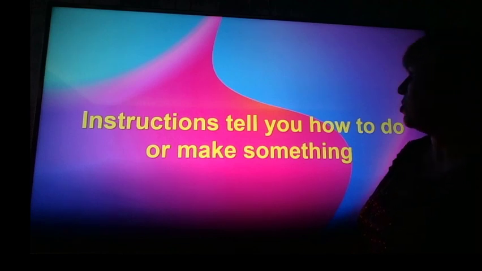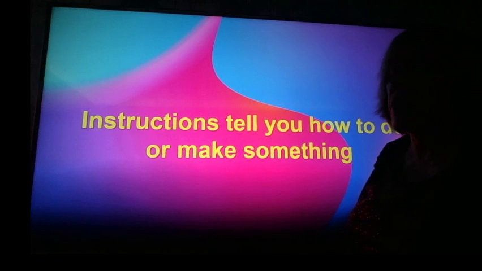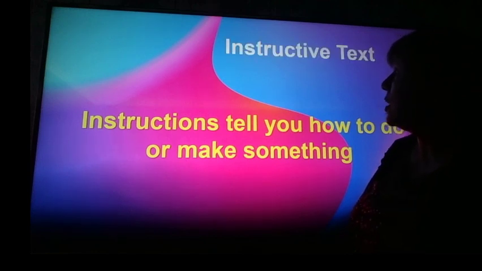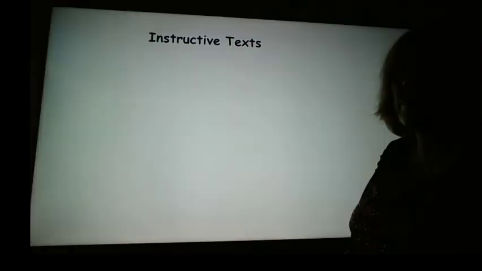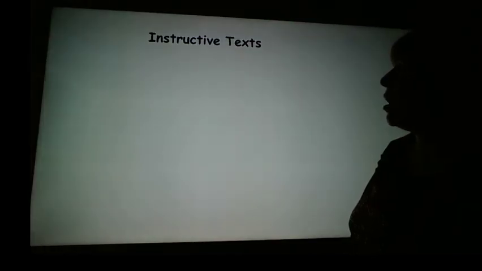Instructions tell you how to do or make something. So we call it instructive text. And we're going to be reading instructions for text as well as writing instructions. So I use the phrase instructive texts.